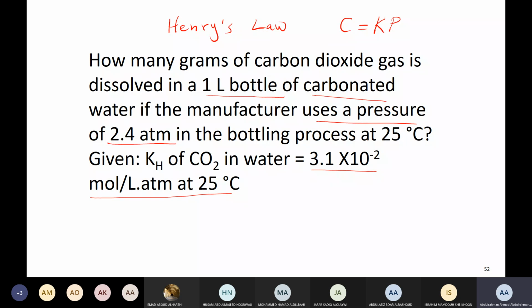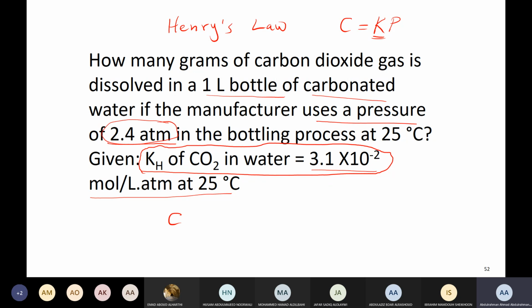Okay, what is given to us here? The K of Henry's law. And what's the pressure? The pressure of CO2 is 2.4 atmosphere.